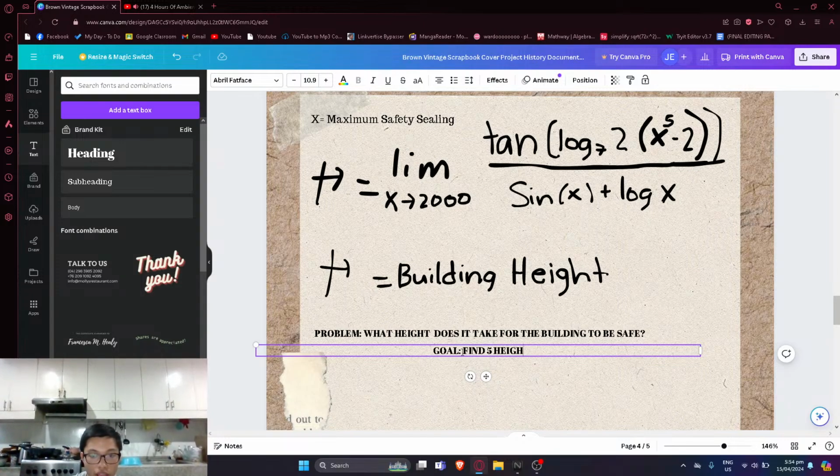Find five heights that are in the safety limit.